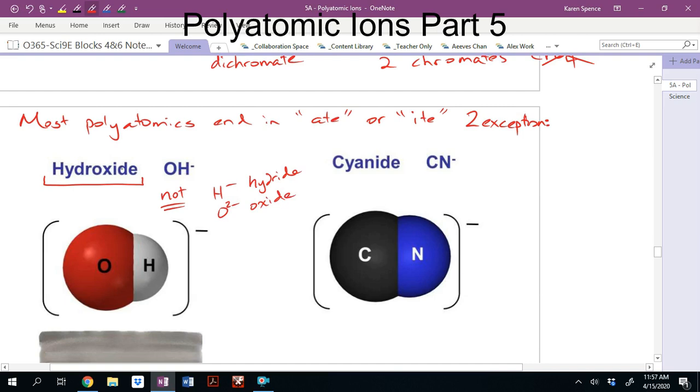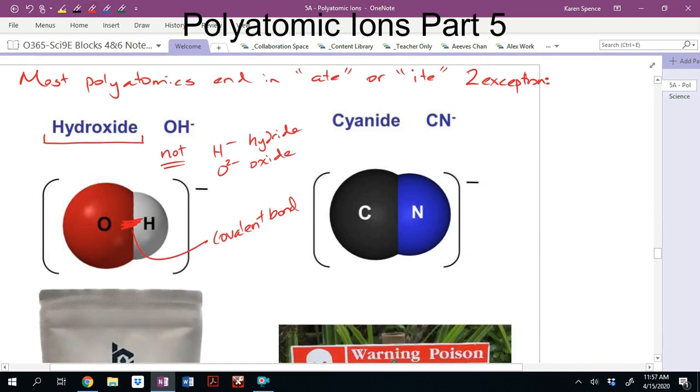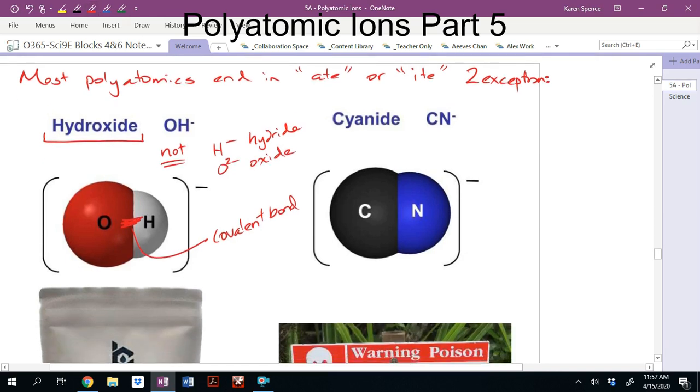Hydroxide is neither of those. Hydroxide is an oxygen bonded covalently, remember, between two nonmetals. It's sharing electrons. Okay, hydroxide is OH minus.